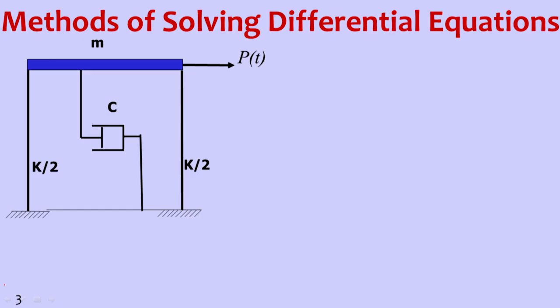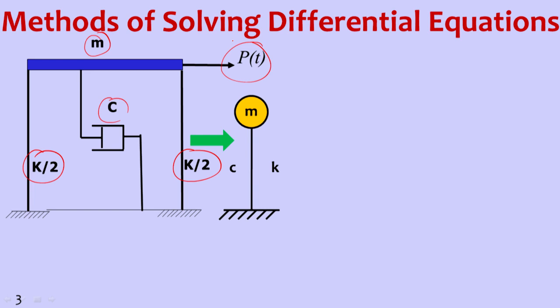So, this is a single degree of freedom system where mass of slab is present. It is supported by two columns and damping. As you can see here, mass is present here, stiffness of supporting columns and damping are present in the system, and then excitation. Then we can idealize this system as a single degree of freedom system.